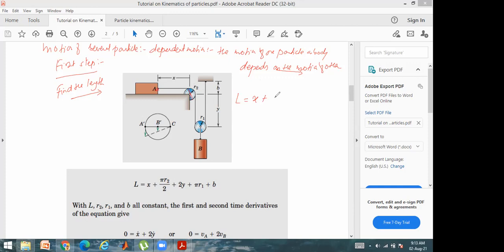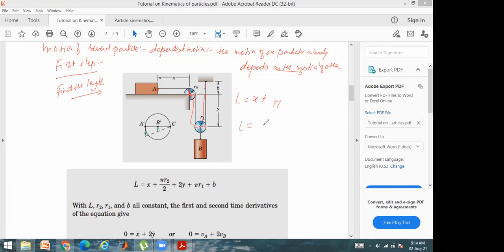You can write this one. This is the length, and next this is the length. So this length is y.